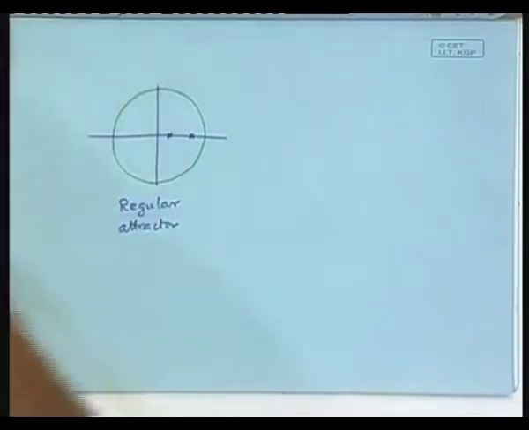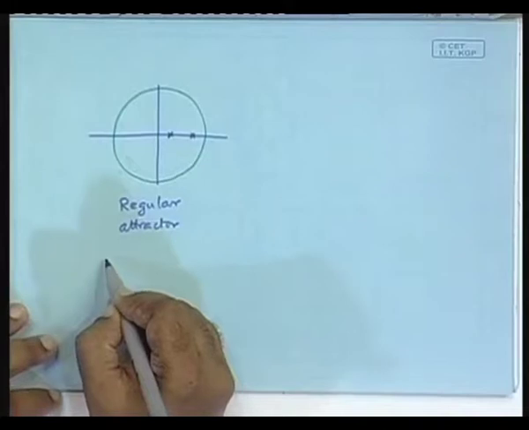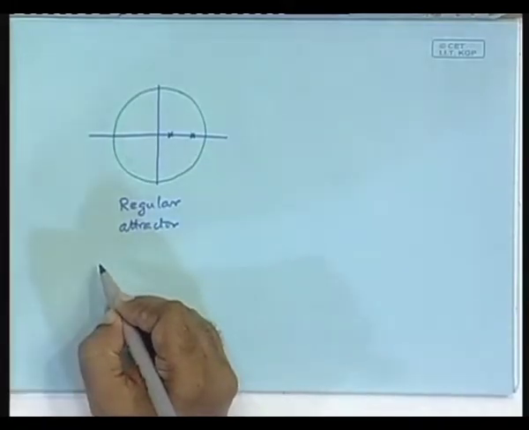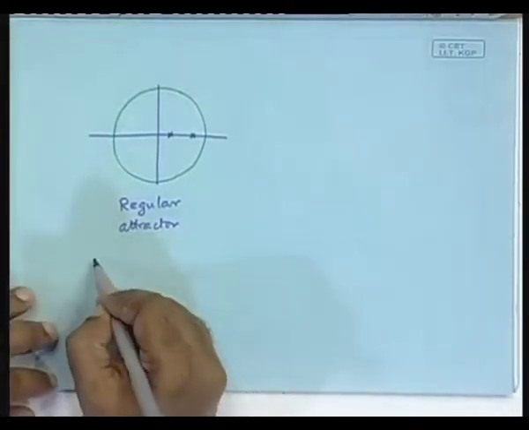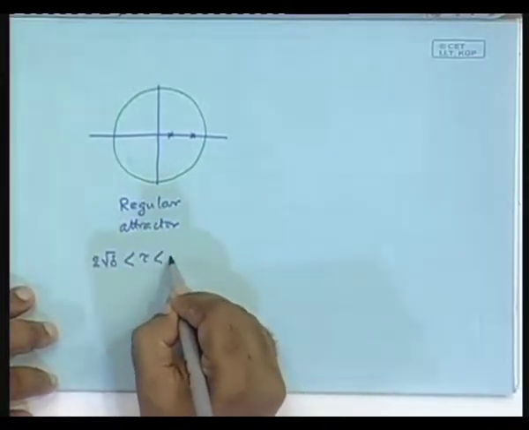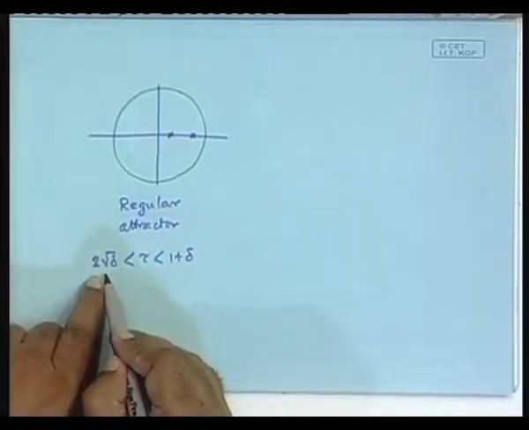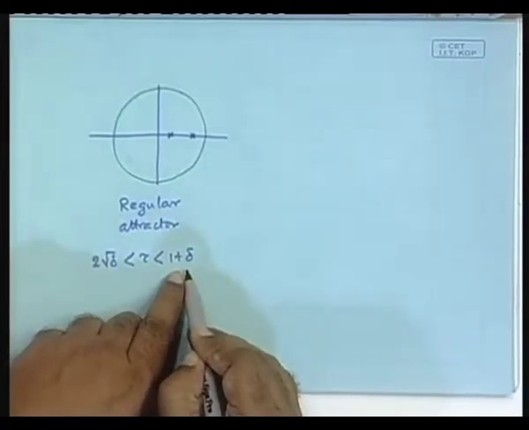From what I have already derived, when will that happen? Regular attractor. Firstly, it should not satisfy the complexity condition, and secondly, it should be stable. So, the stability condition is that it will be between minus 2 root delta, right. This is where it becomes complex and this is where it loses stability.